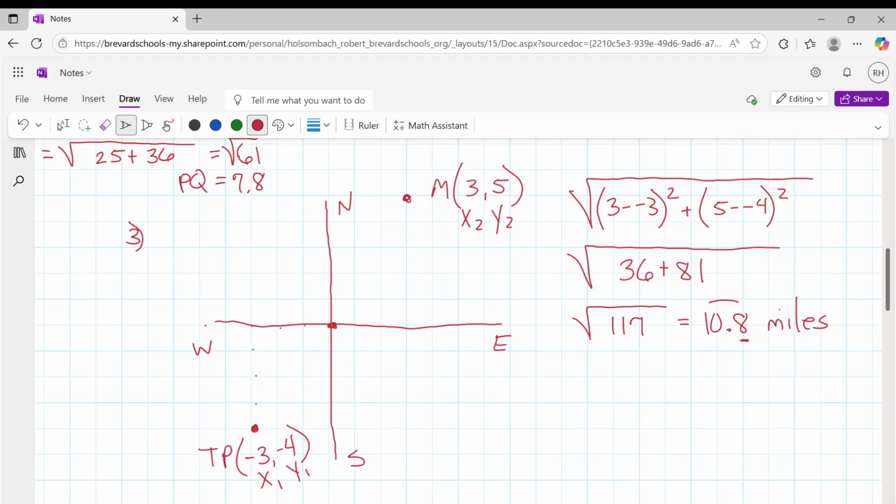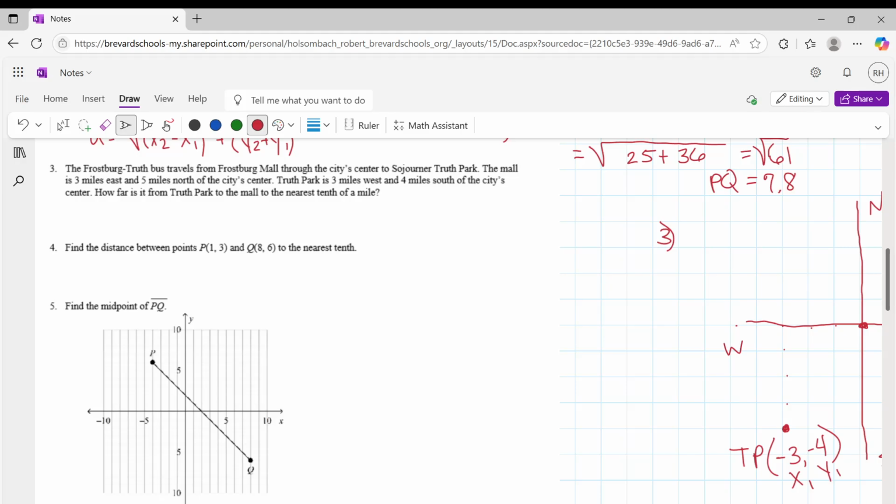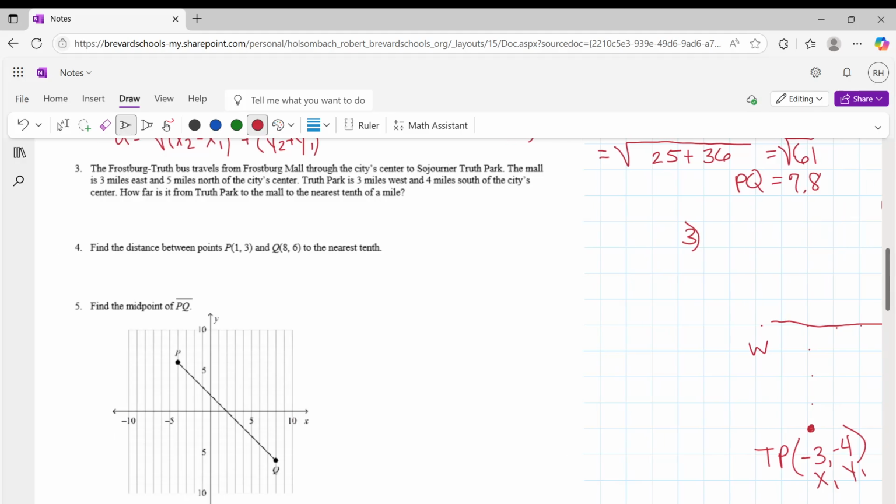All right, problem number 4 is another distance problem. Number 4, we're finding the distance between P and Q again, so we are going to label these points.